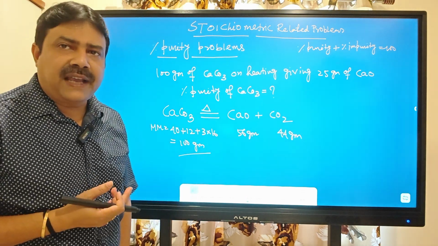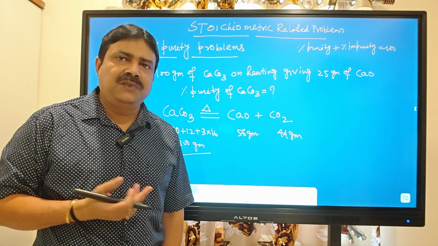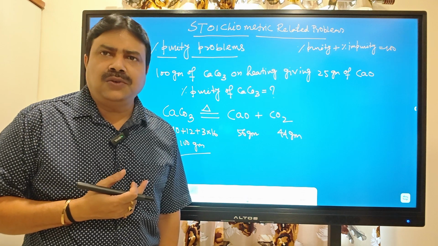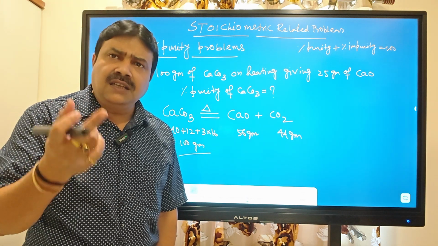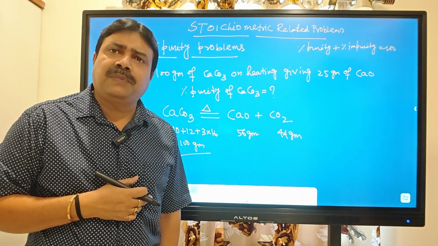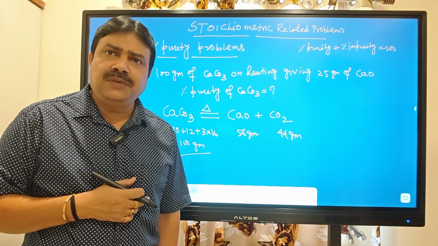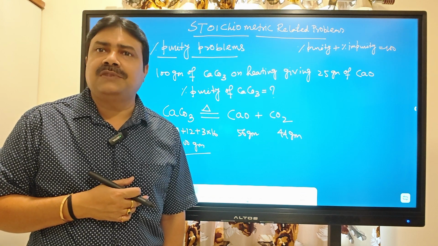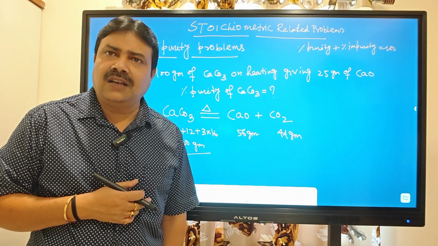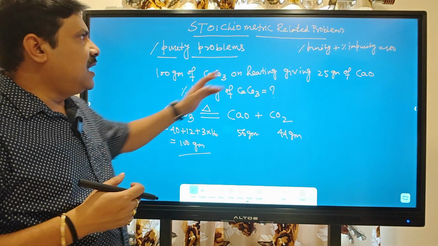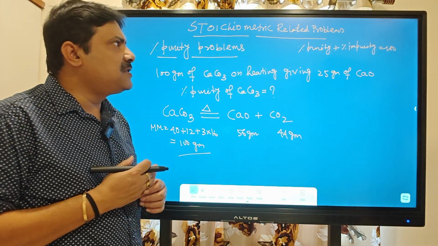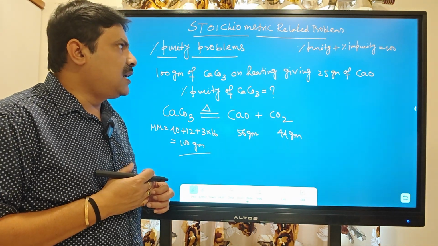Fraction means out of 1, percentage means out of 100. Fraction into 100 you will get percentage, percentage divided by 100 you will get fractions. Is it clear or not? So this is the idea: percentage of purity plus percentage of impurity equals 100.